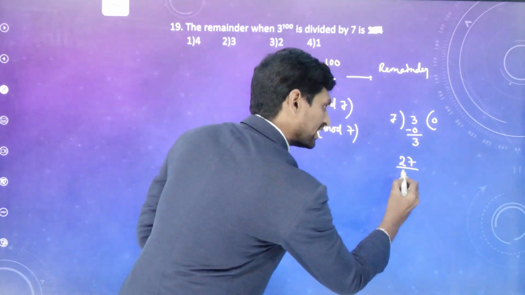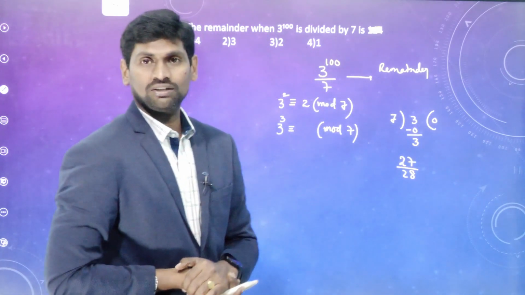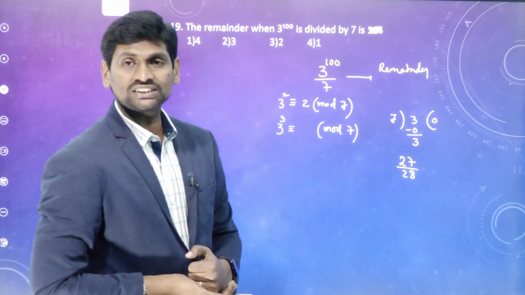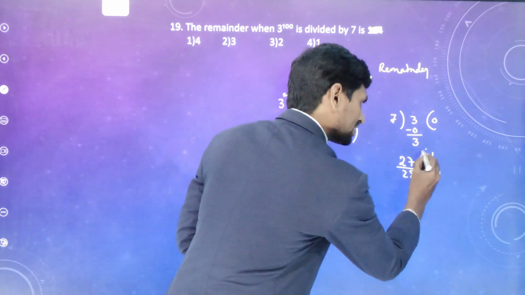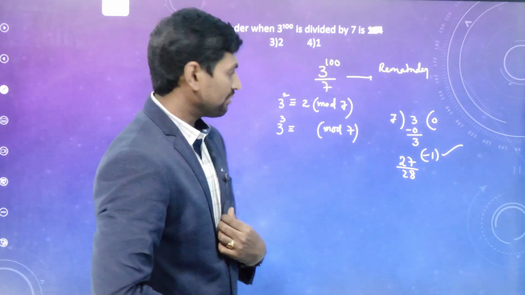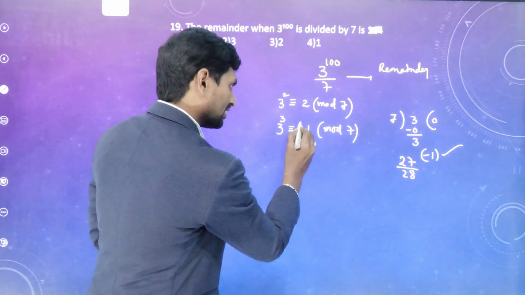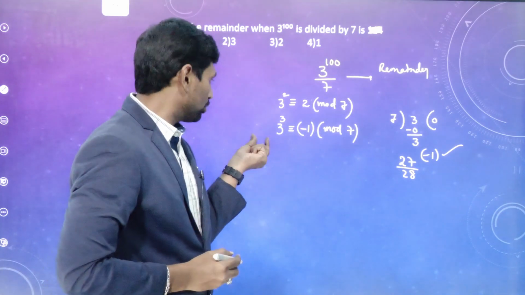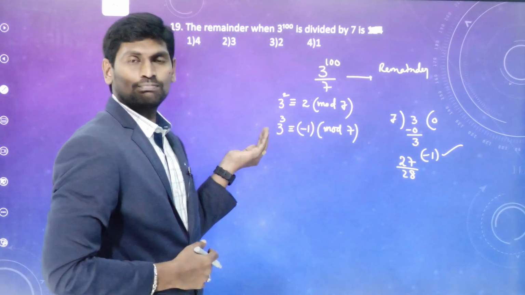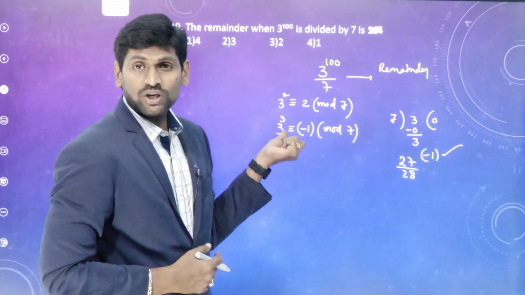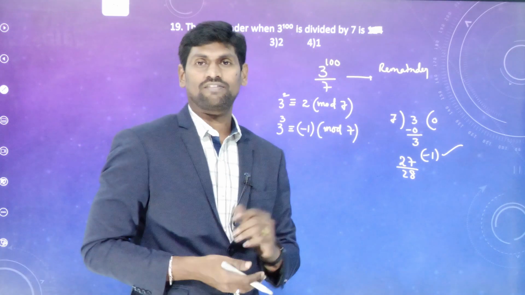But 28 in 27, what is the remainder? Positive remainder is 27, negative remainder is minus 1. Now check here. 3 cube value is 27. Minus 1, bring this side plus 1. 27 plus 1, 28. 28 is divisible by 7.